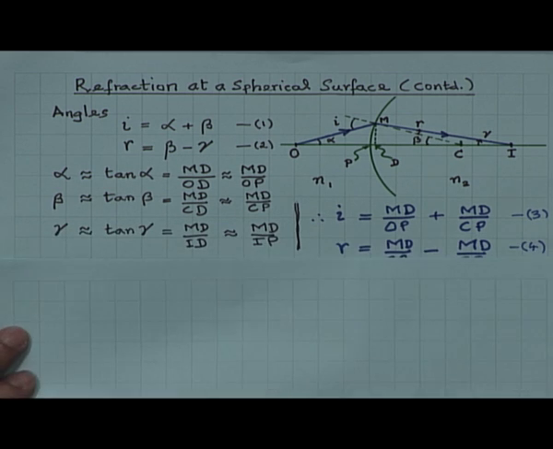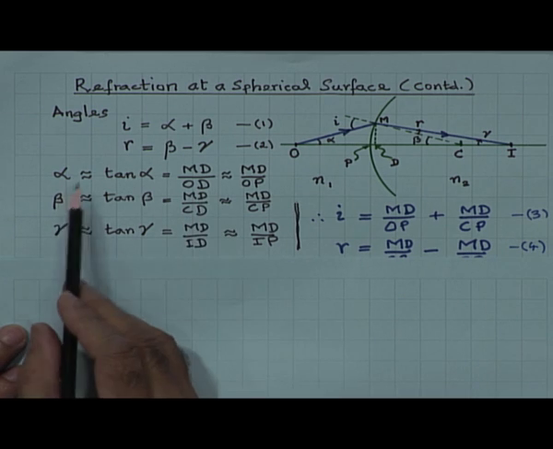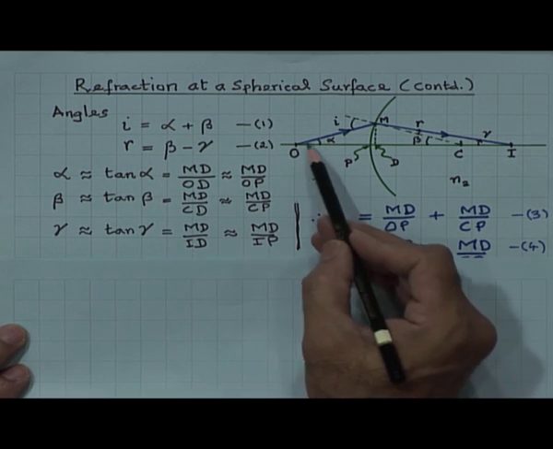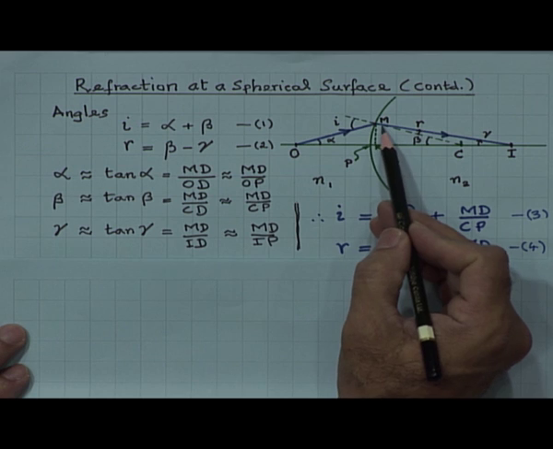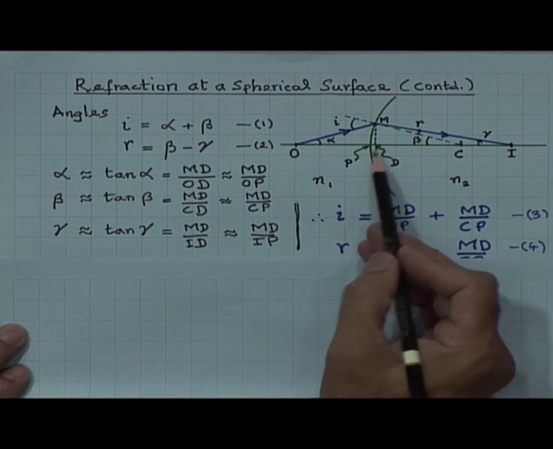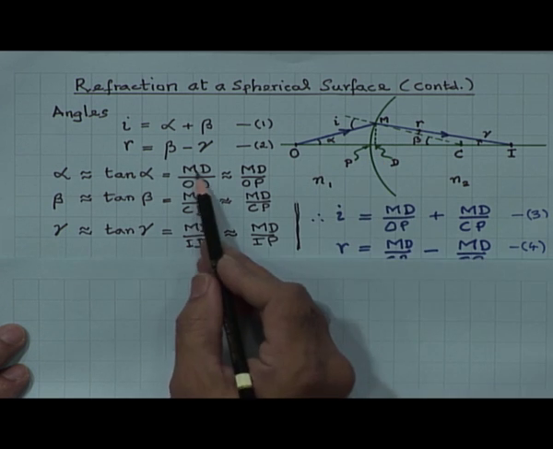Then the second point: because of the paraxial approximation which we just discussed, alpha is nearly equal to tan alpha. In this diagram, tan alpha is MD by OD.